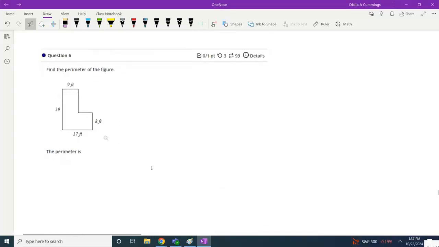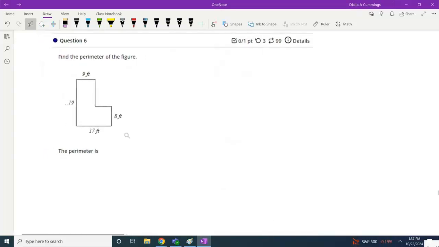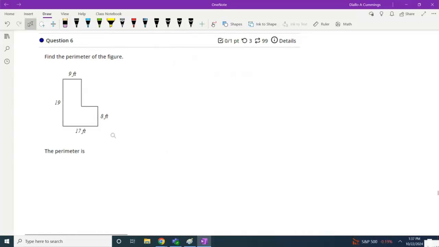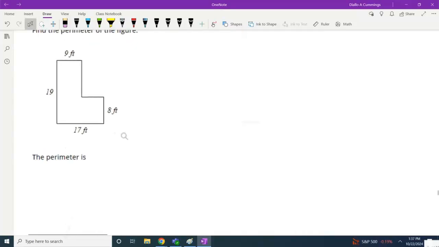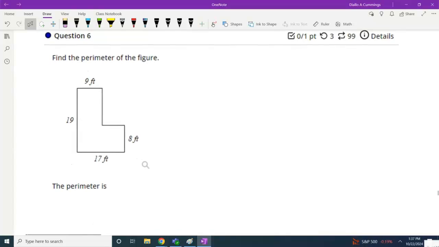All right, number 6. It says find the perimeter of the figure, and I'm going to blow this up. Notice that this is not a square, it's not a rectangle, it's a mix of a couple different shapes. This is how I like to solve these problems.